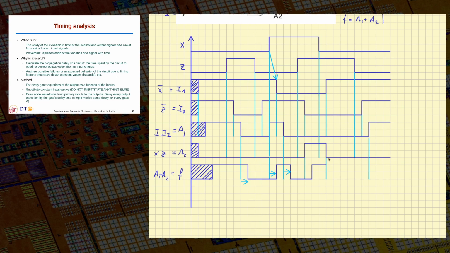So now at this point we have 0, 0 again, next value is 0, so it will change to 0 after a time of delta. And here I have a 1, 0 again, so it will change to 1 after a delay of delta. Okay, so this is basically the solution to my waveform. If x and z behave like this, these will be the different values that f will take.